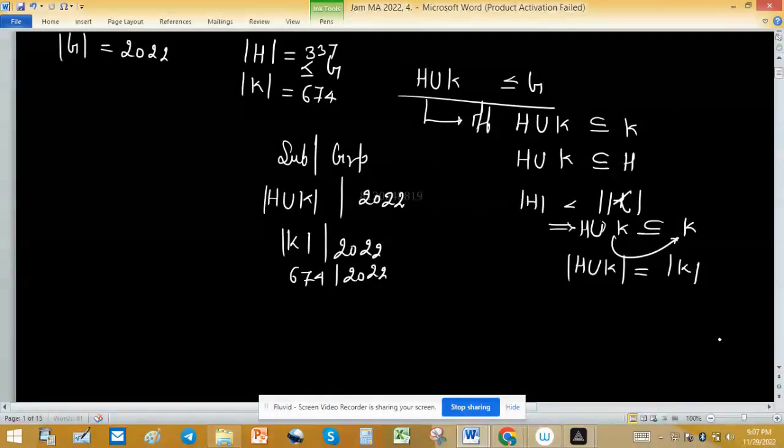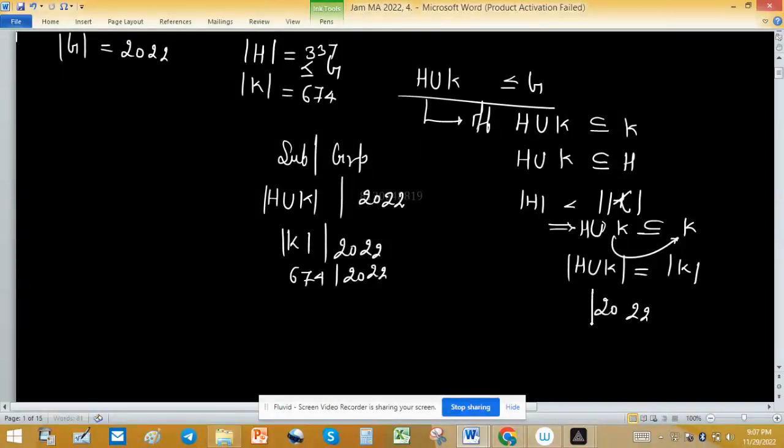2022 we can write after factorizing by 2 as 1011, and using 3, 3 times 3 is 9, 1 1, 3 times 3 is 9, and 3 times 7 is 21. So 2022 can be written as 2 into 3 into 3, 3, 7.